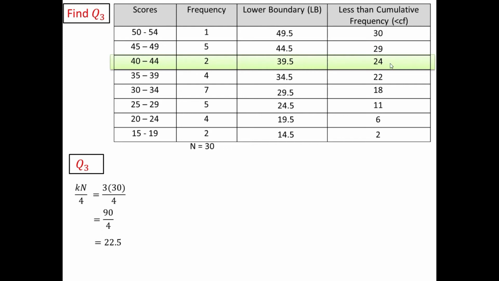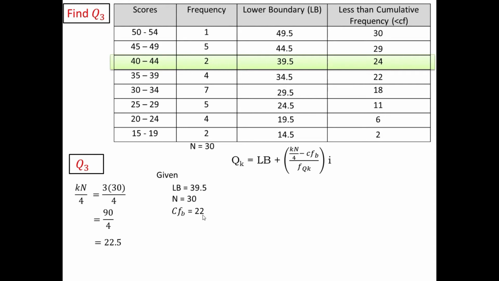Dahil nahanap na natin yung ating third quartile class, pwede na nating magamit yung ating formula. So, this is the formula. Jot down natin yung ating mga given. For the given, si lower boundary is 39.5. Si n natin ay 30, hindi naman nabago. Si cumulative frequency before the third quartile class, so yung nasa baba nun, ang nasa baba nun is 22.